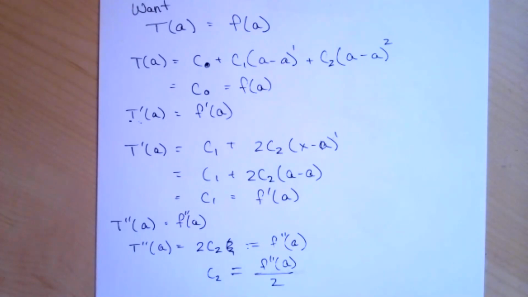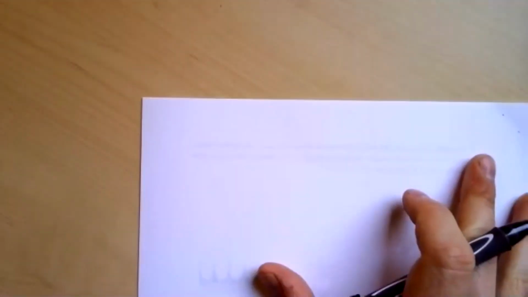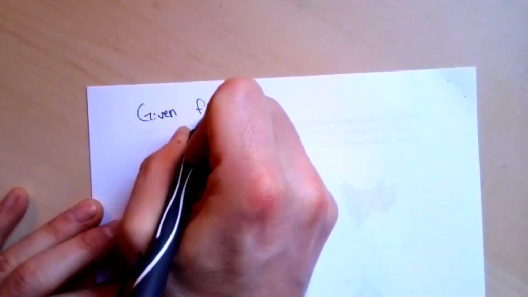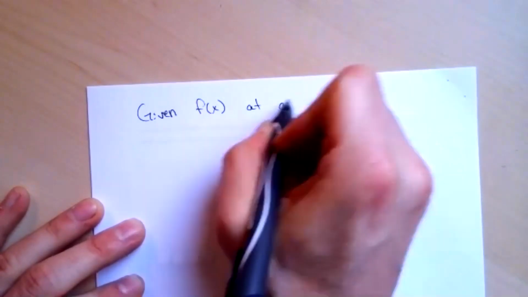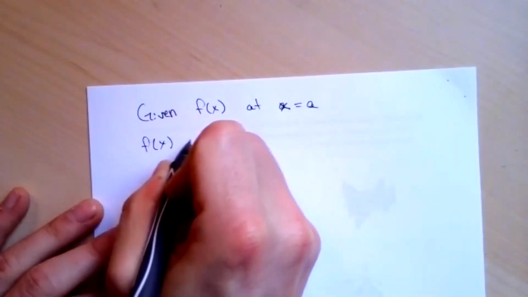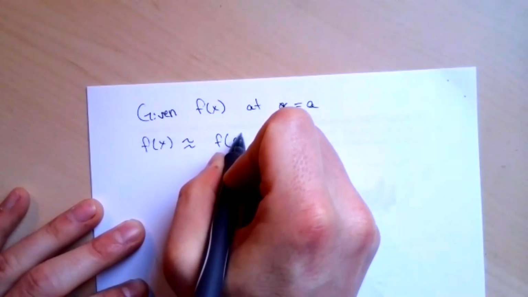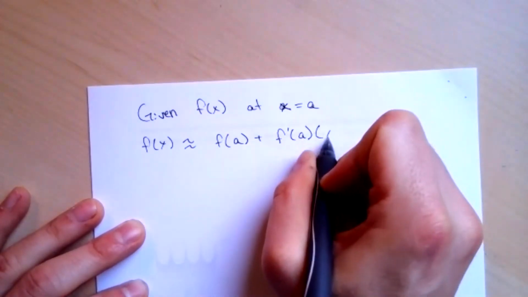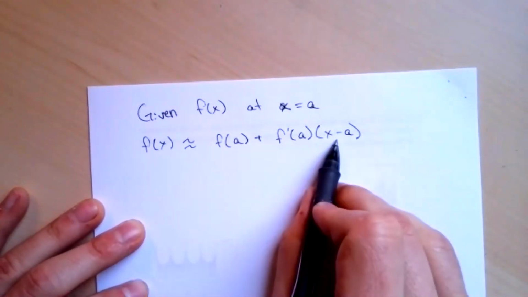So, to summarize, given f of x at, let's say, x equals a, we know that f of x can be approximated by a polynomial that looks like this. This first part I'm writing should look very familiar. This is just the linear approximation. That's our tangent line.